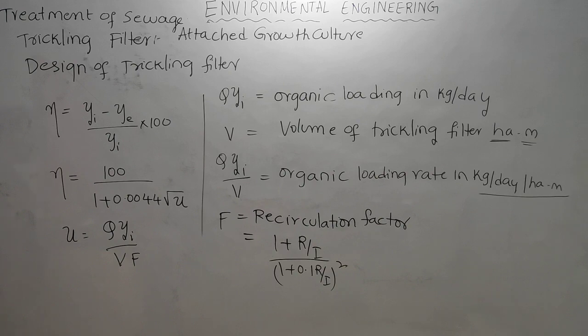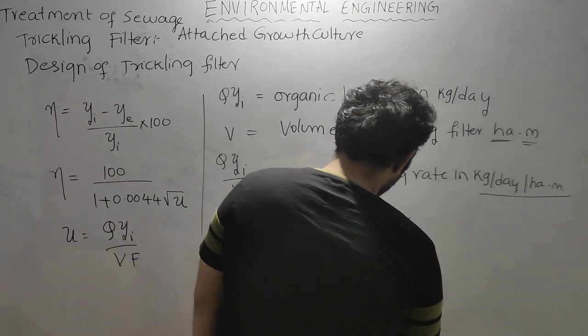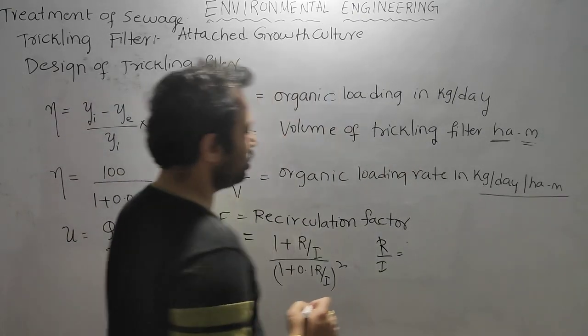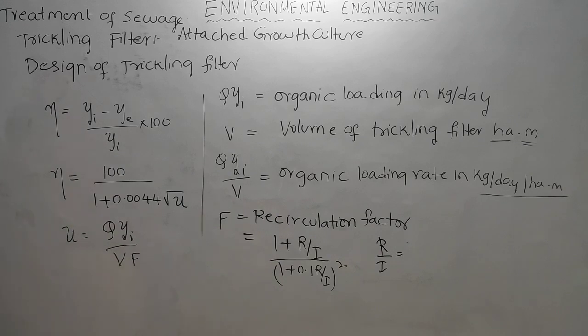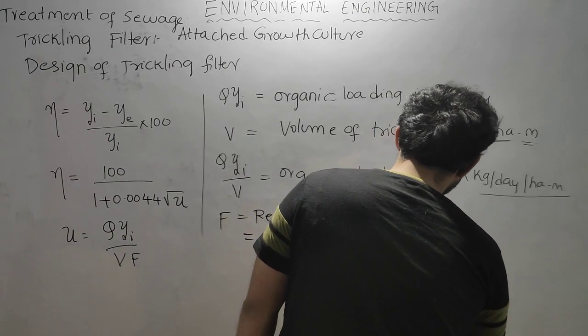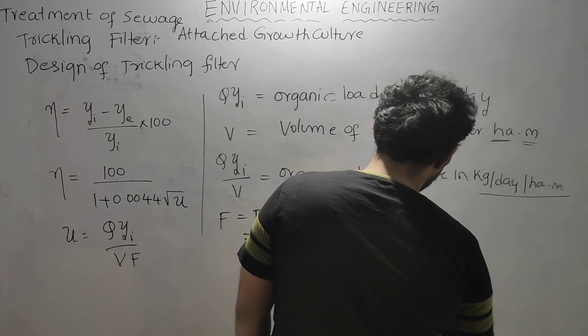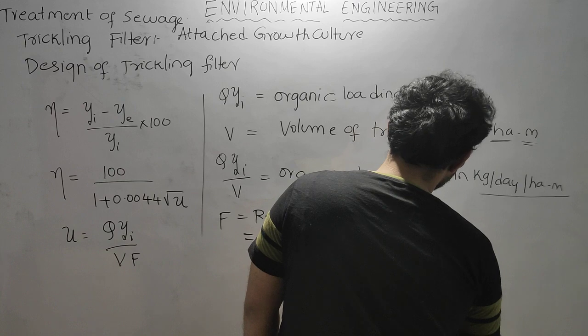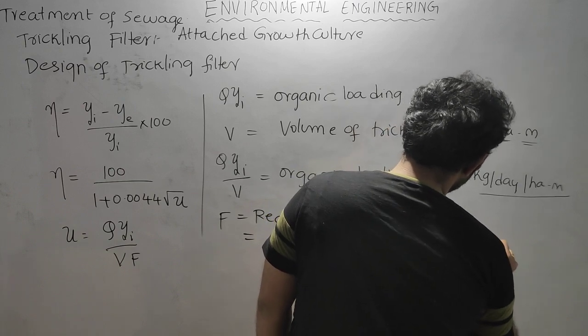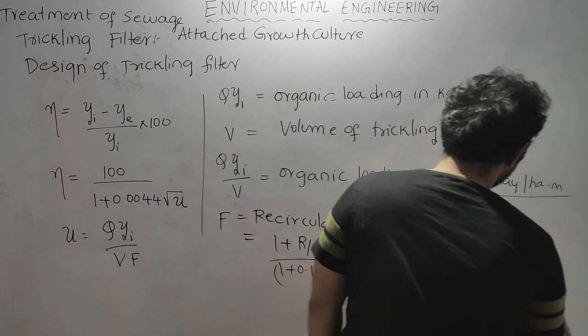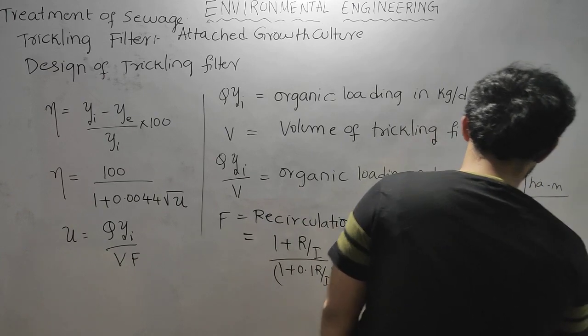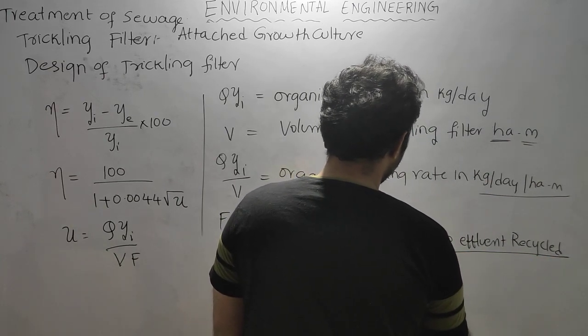R by I is the recirculation ratio. R is the amount of effluent recycled, and I is the amount of influent applied.